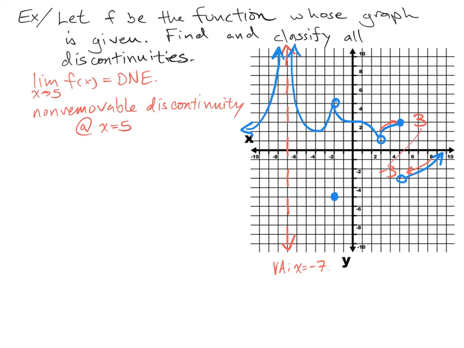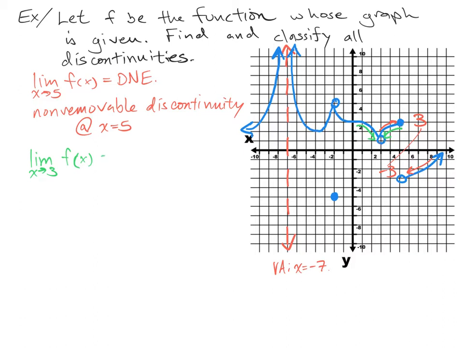When we take a look at the next discontinuity right here, this discontinuity at x equals 3, we can take the limit as x approaches 3 from the left and from the right. So let me write that over here. The limit as x approaches 3 of f of x. And in this case, you can see that from the left, the y values are approaching 1, and from the right, the y values are also approaching 1.